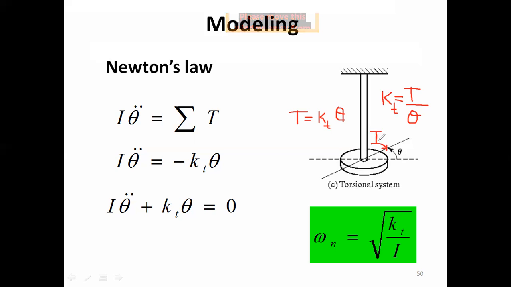The motion is in that direction, the restoring torque is in the opposite direction. And all those torques which are along the displacement, you have to take as positive. All those torques which are opposite to the angular displacement, we have to take as negative. There is only one torque, and that torque is negative, and it is Kt theta.